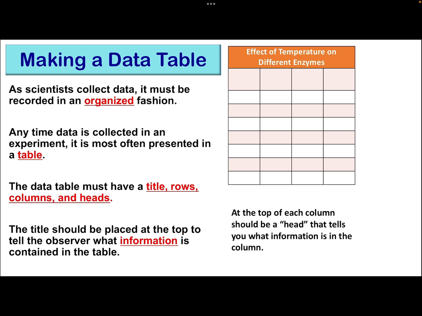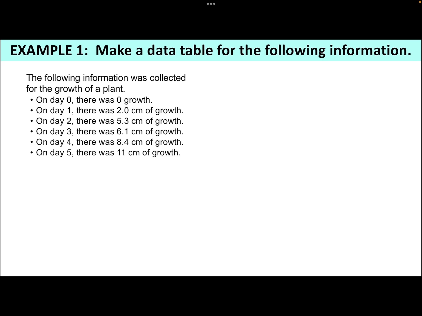At the top of each column should be a head that tells you what information is in the column: temperature, enzyme 1, enzyme 2, enzyme 3. It's going to be your turn to make a data table for the following information.